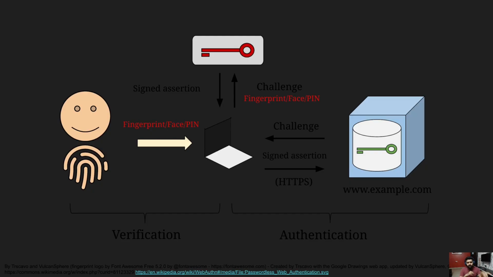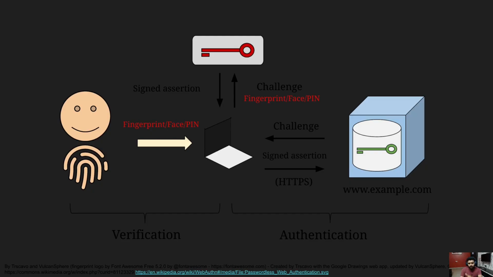Whenever the user needs to authenticate, the client will ask the server for some challenge, and it will pass that challenge to the authenticator. The authenticator will sign the challenge. It is called an assertion as well, a signed assertion.